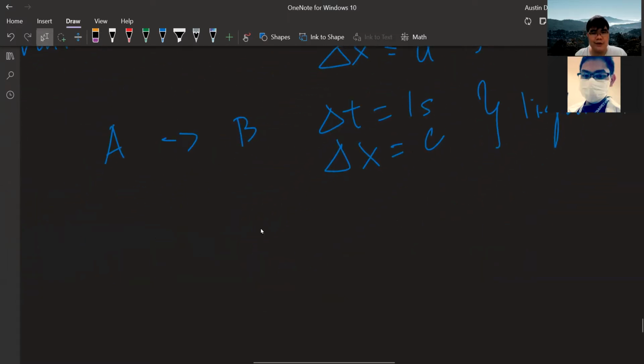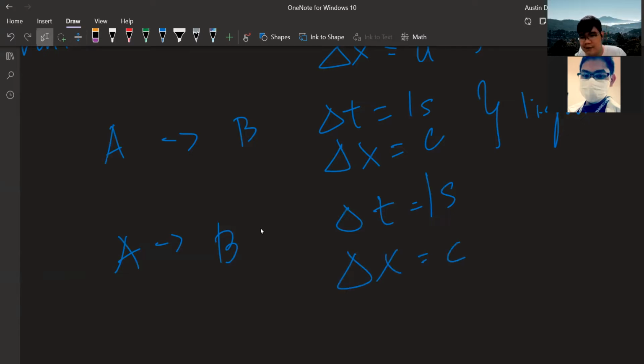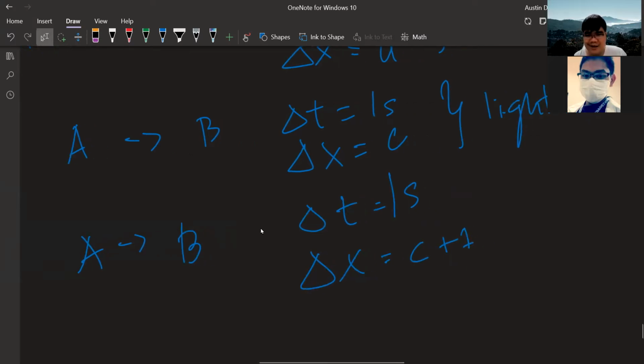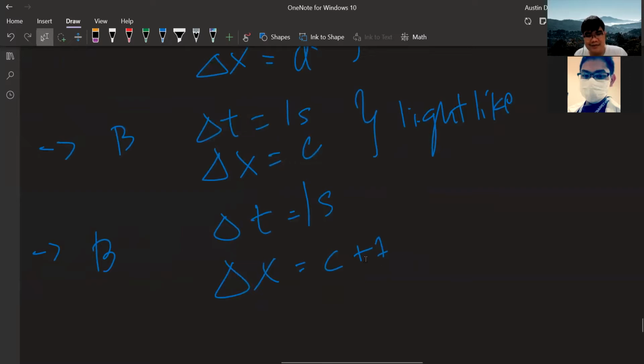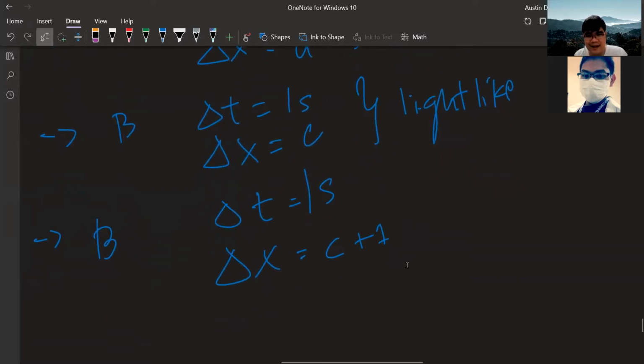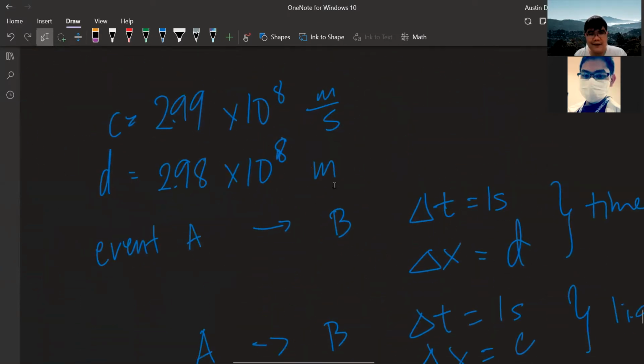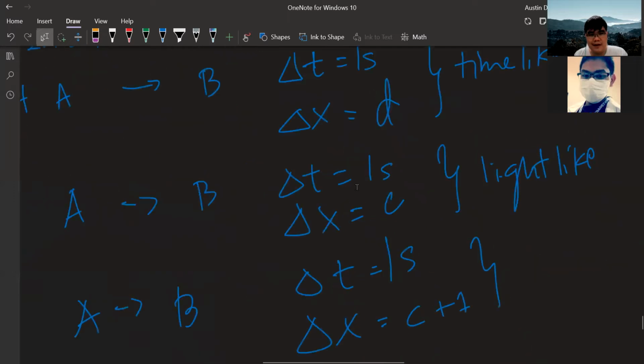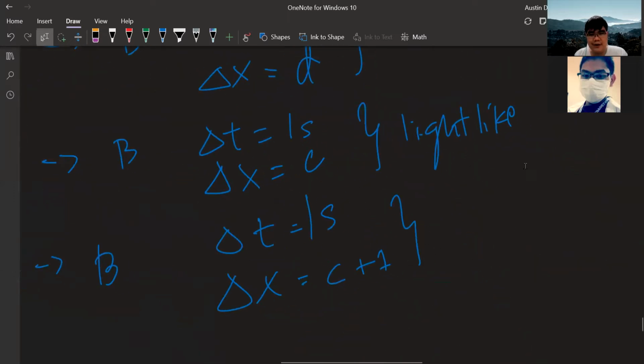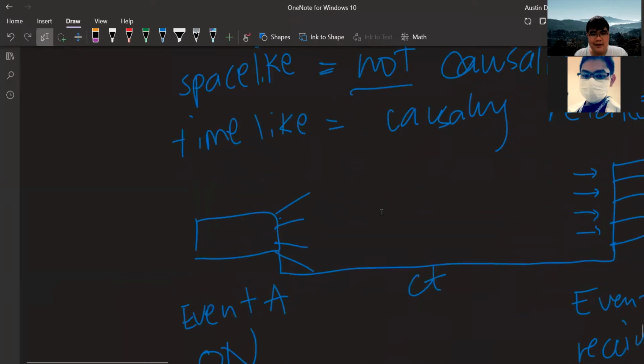However, if yung A to B mo, for 1 second again, tapos yung delta x mo is C plus 1, hindi na siya mangyayari kasi this is farther than the space-like event na to. Hindi na kayang i-travel ng light to for 1 second, kasi it cannot exceed the speed of light. Okay, gets. So those are your time-like, light-like, space-like events.